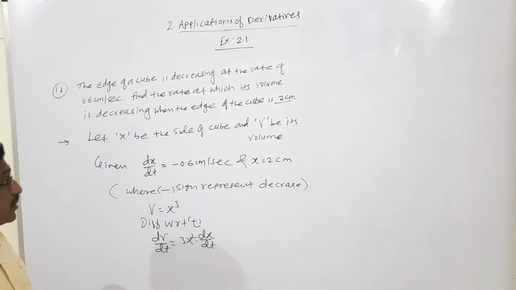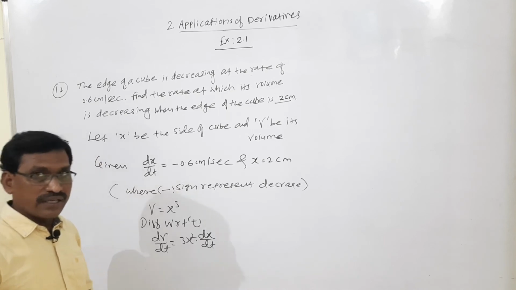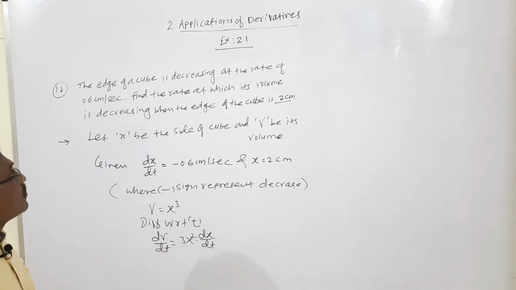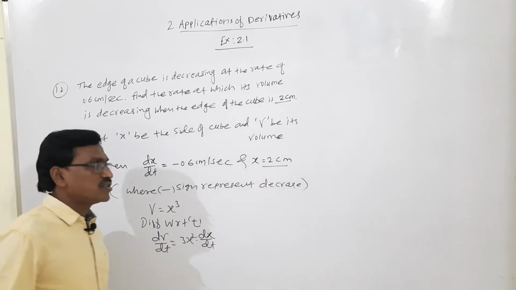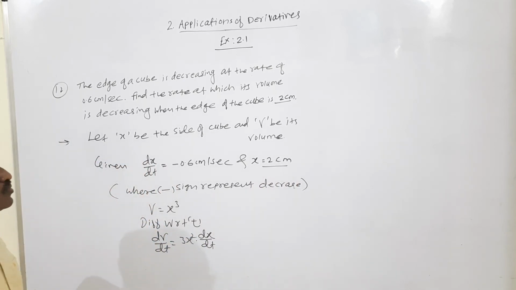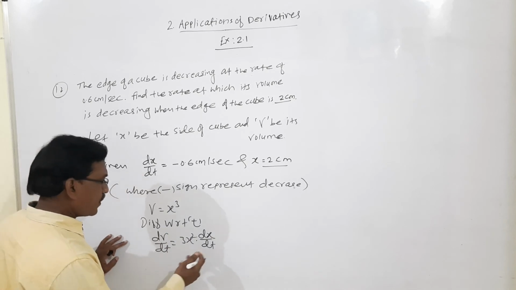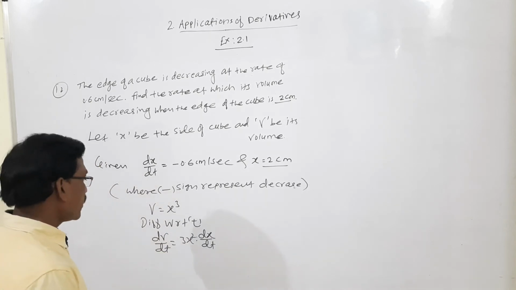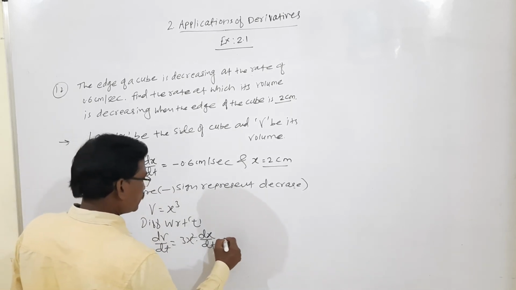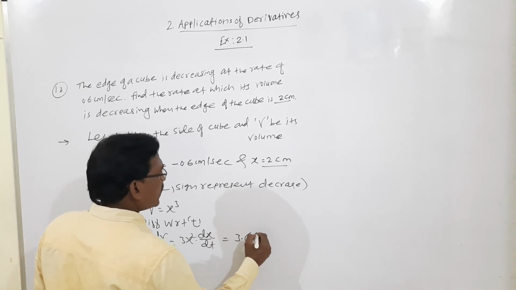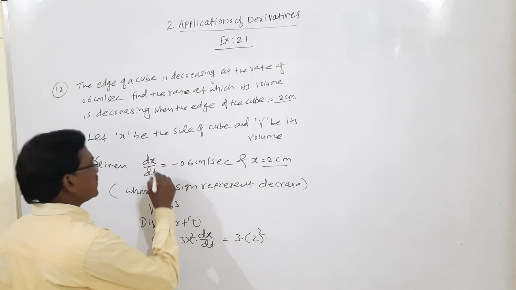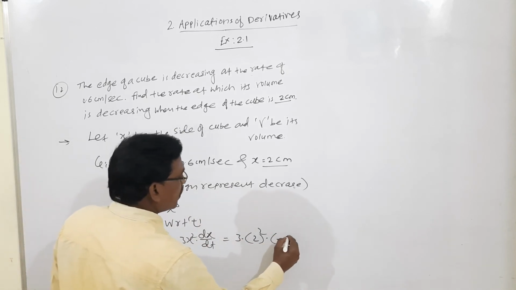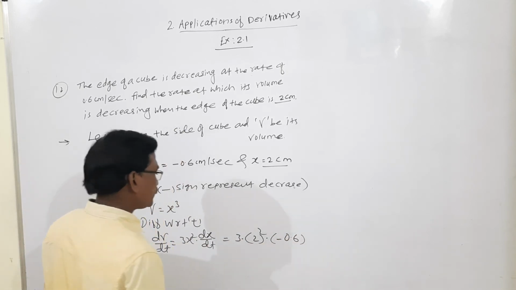But we are given dx by dt, the rate of decreasing, and also we are given the edge of the cube, 2 centimeters. So put the values of x and dx by dt here. So it is equal to 3 into x square, x is 2 centimeter, 2 square, and dx by dt is given as minus 0.6.